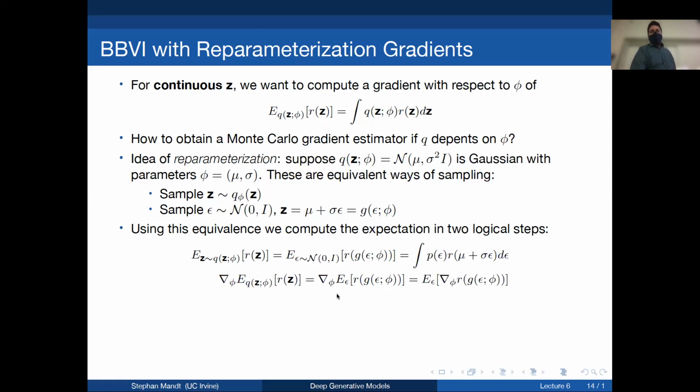But now observe that I can interchange the expectation and the gradient. In other words, because that epsilon distribution is now independent of phi, I can pull the gradient inside of that expectation.